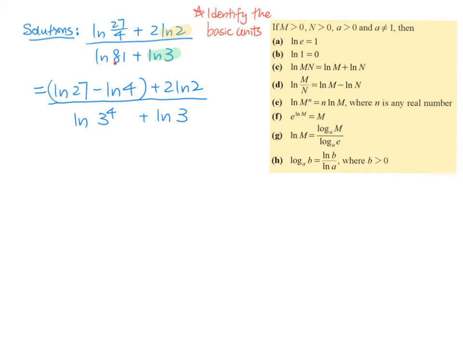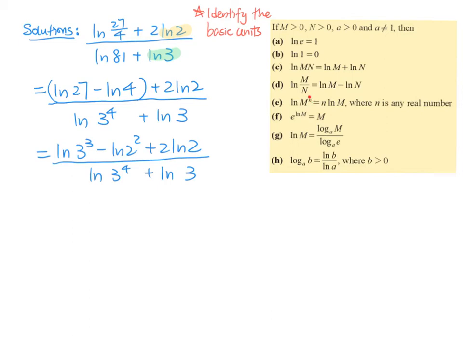For ln 81, I've identified this as one of the basic units, and I know that 81 is a power of 3, so I rewrite it like this. Next we refer to this law here: for ln of m to the power of n, I can move the power to the front. So I just move the 3 to the front, and the 2, and the 4, like that.